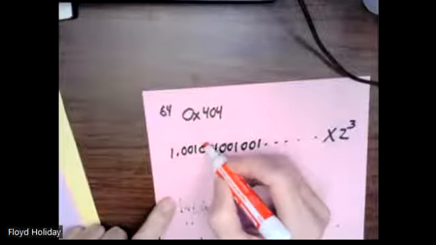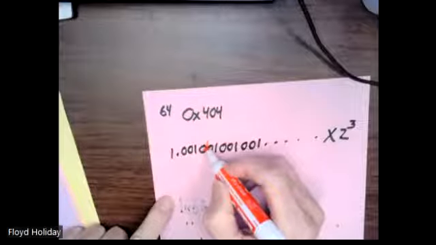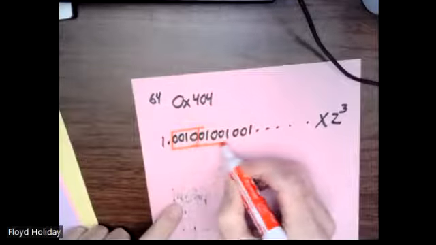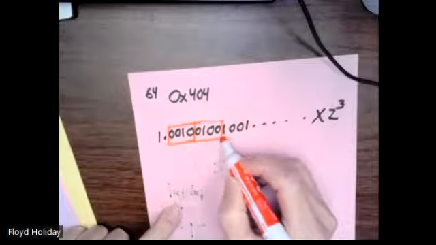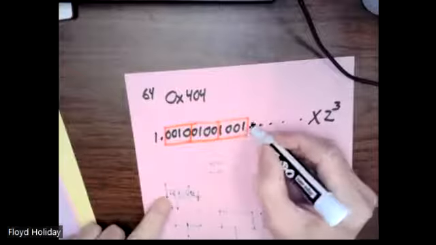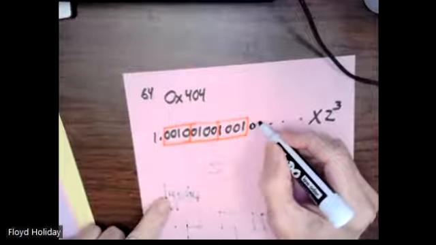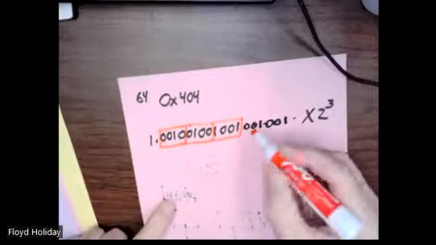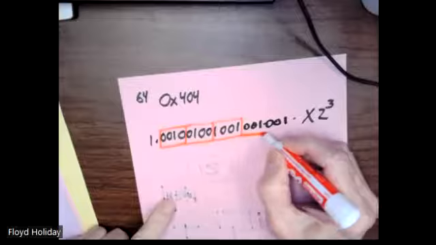Now, sometimes you can't see the repeating part. So if I block that off in 4s, 0, 1, 1, 0, 0, 1, 0, 0, 1. Okay, so there is a pattern here.